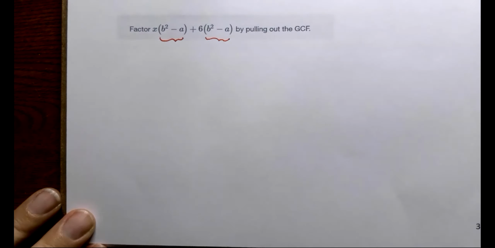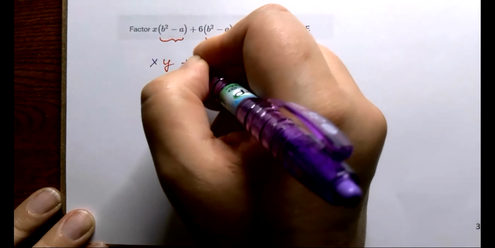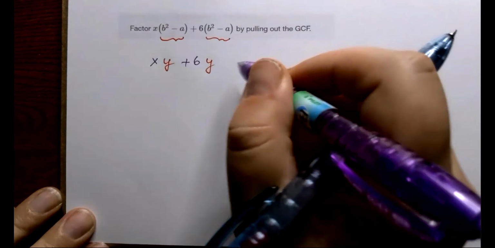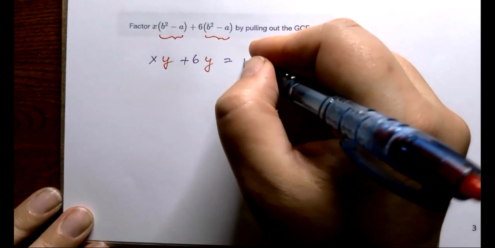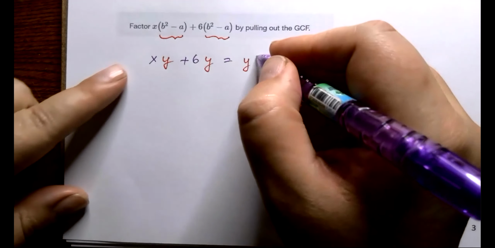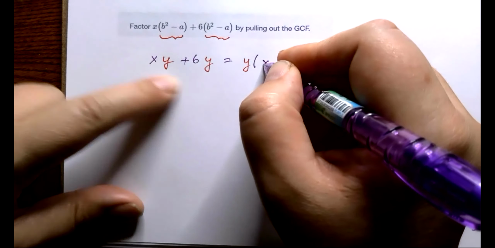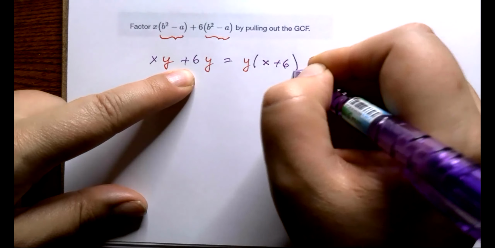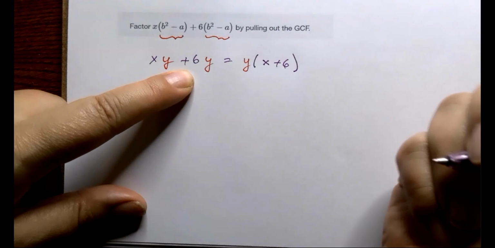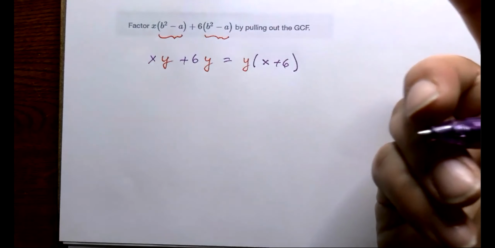Let's actually write it as a y. So we have xy plus 6y. What do you do? Well, you pull the y out, right? And you're left with x from the first term and 6 from the second term. That's how you would do it if it was a simple y, right?